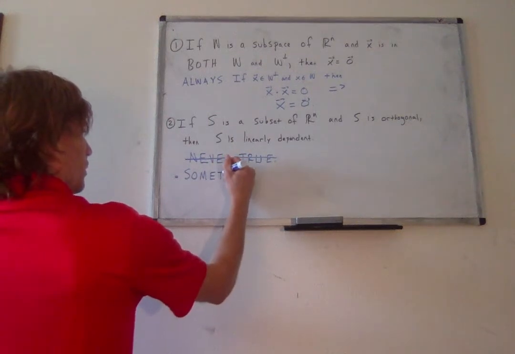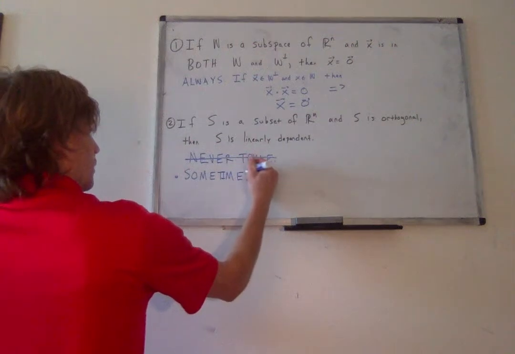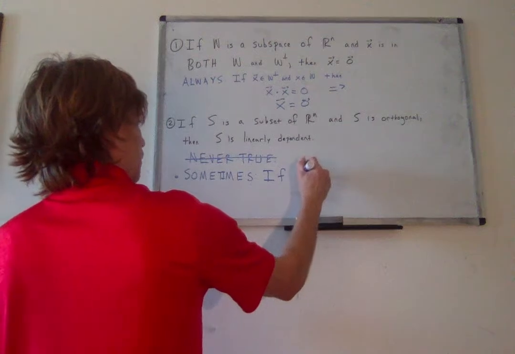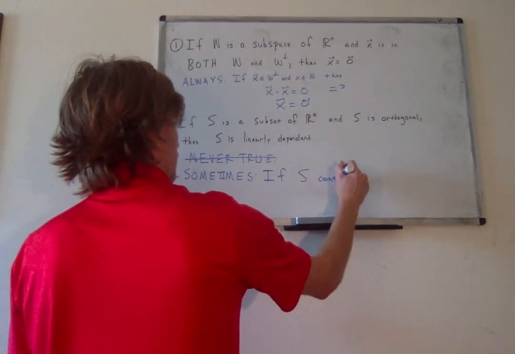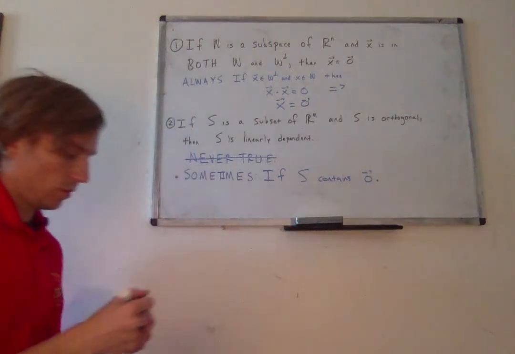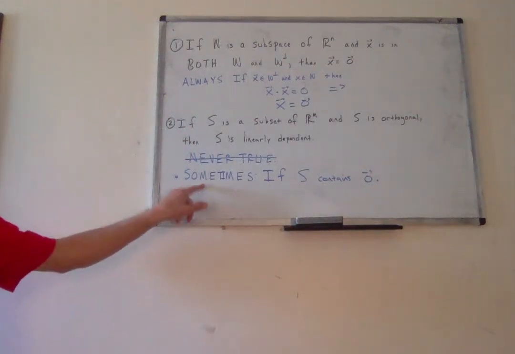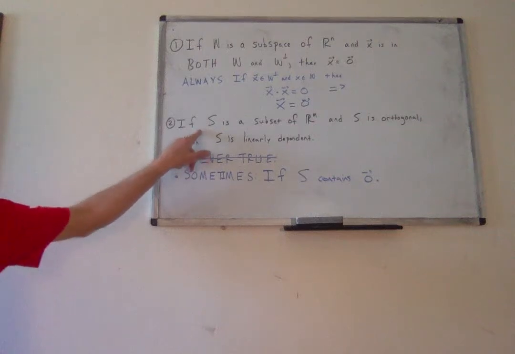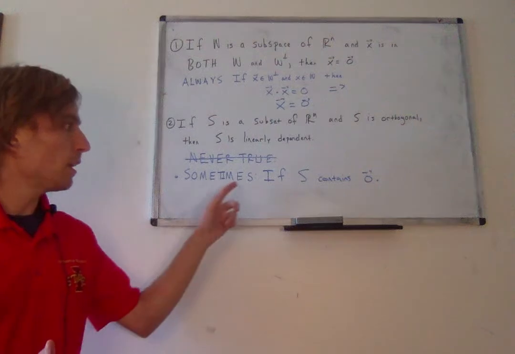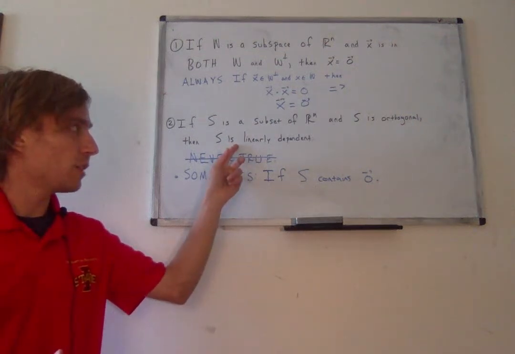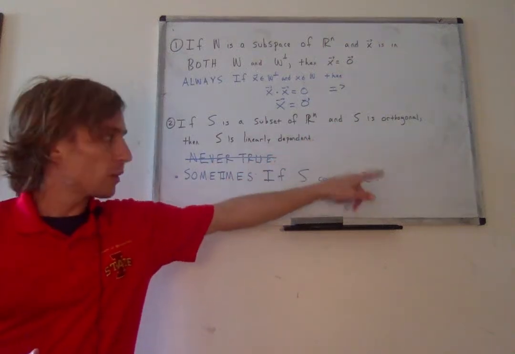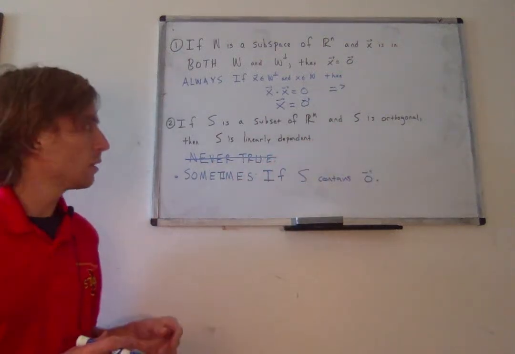I'll explain why. If S contains the 0 vector, then by definition S is linearly dependent, and S would be orthogonal because the 0 vector is orthogonal to everything.